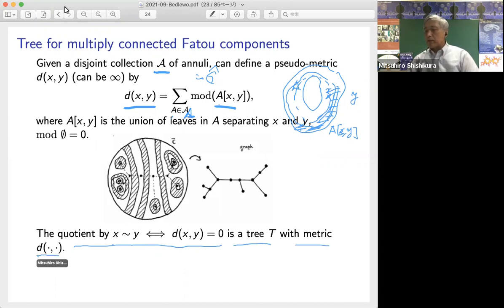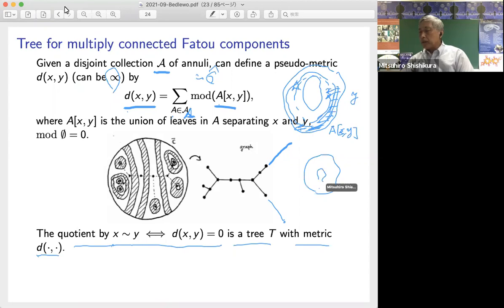Remember that in this case, it's not really a complete metric in the sense that the value might take infinity, but still you consider that this is like a tree which has an infinity point. So with this one, it's obvious that if you are in the same leaf of this foliation, nobody else can separate the two points on this leaf.